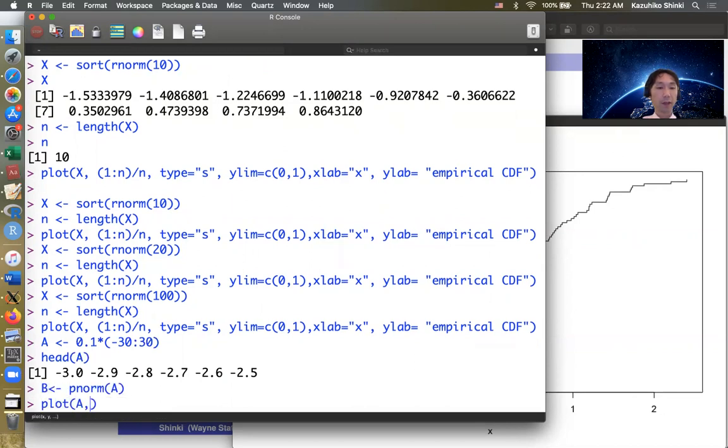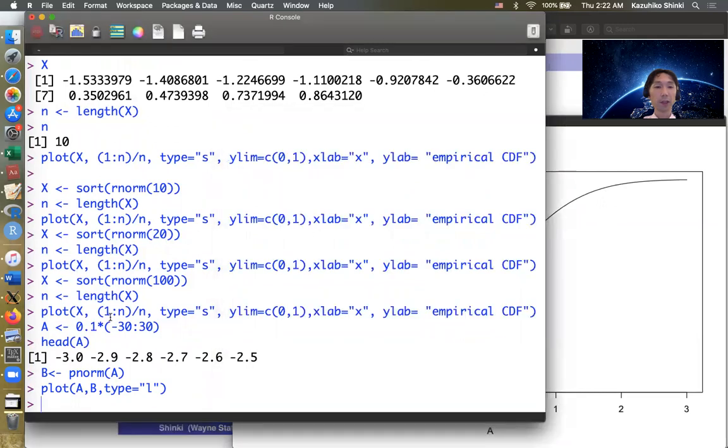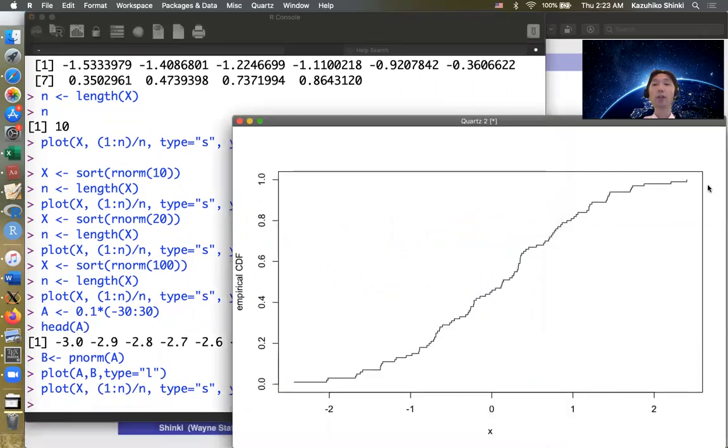Then plot a and b, and this should be a smooth curve, so maybe we can make it a line graph. Okay, then this is the CDF of the normal distribution. If n is large, we have seen that this curve is pretty close to the CDF, so it's a good estimate for the cumulative distribution function.